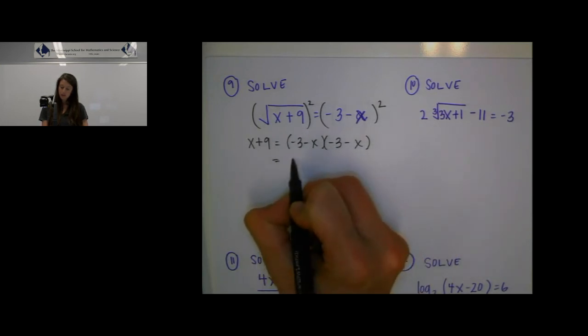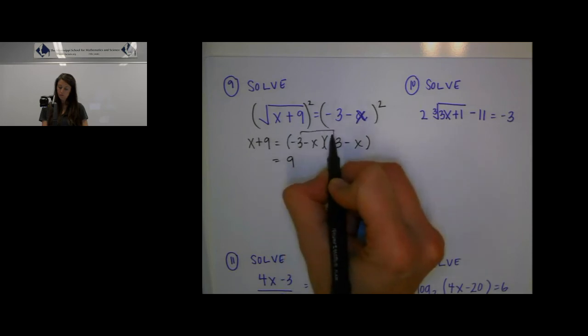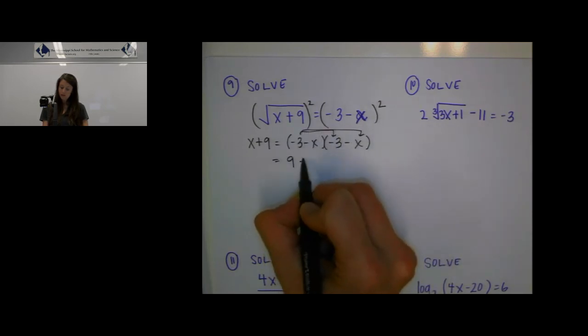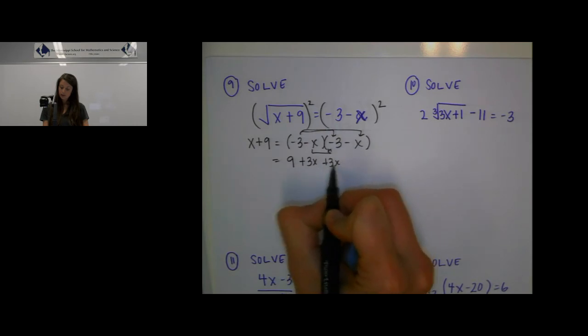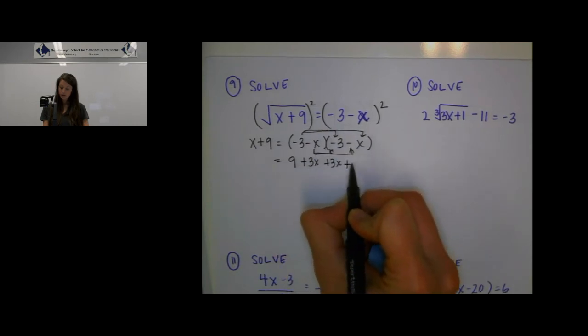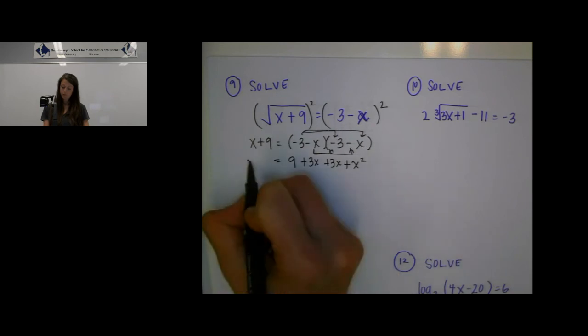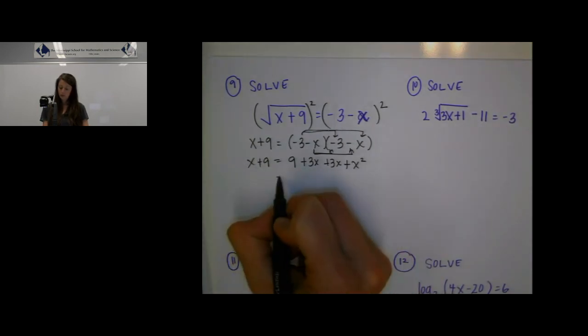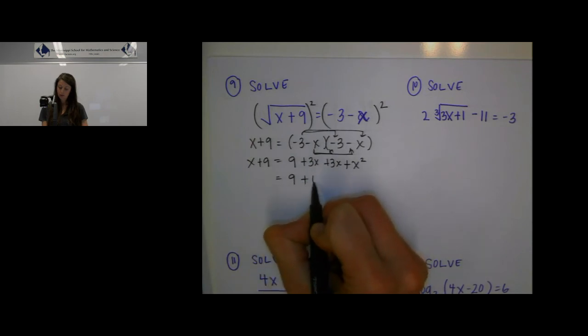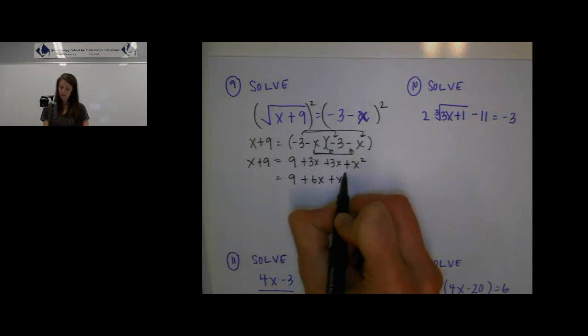So negative 3 times negative 3 is a positive 9. Negative 3 times a negative x is a positive 3x. Positive 3x, and a positive x squared. Move everything over, combine your like terms, so we'll have 9 plus 6x plus x squared.